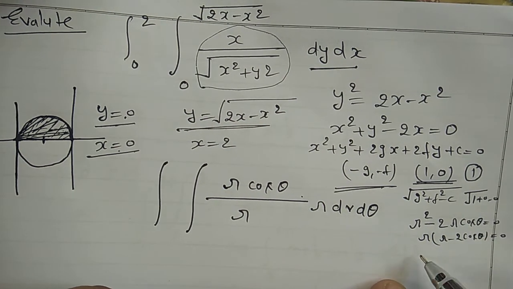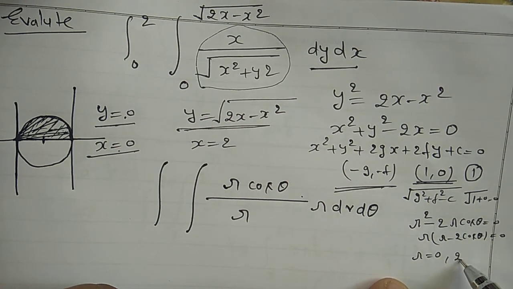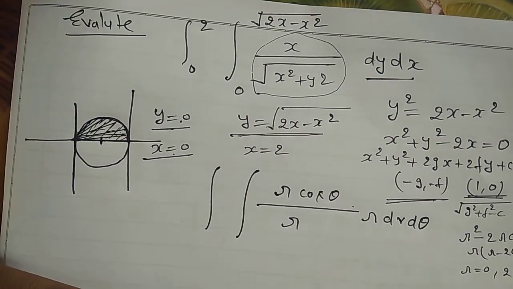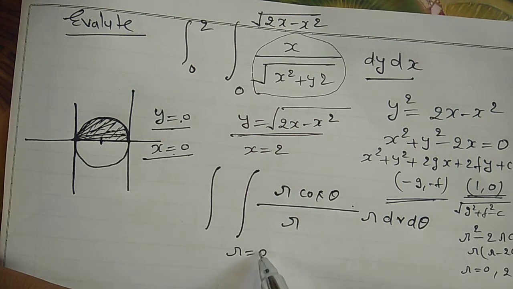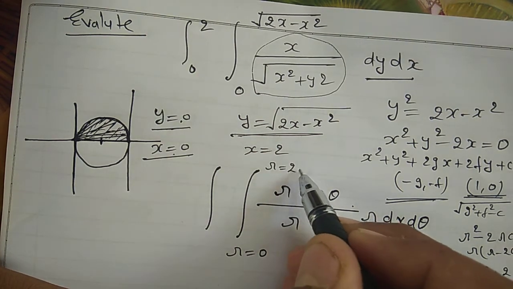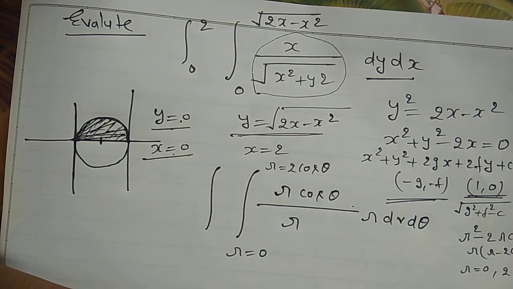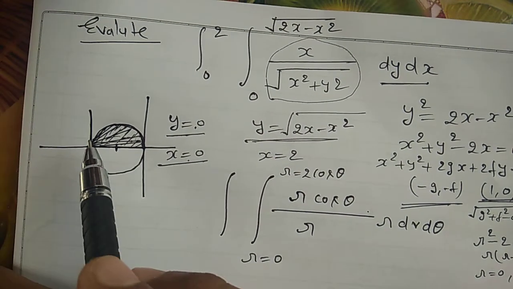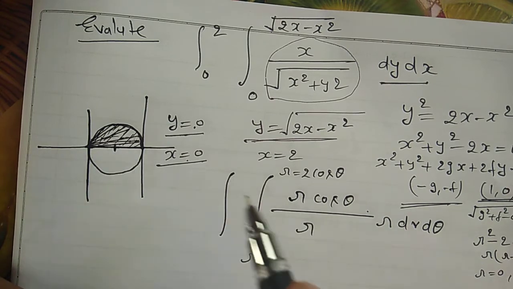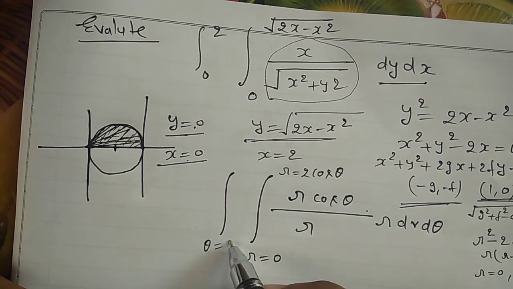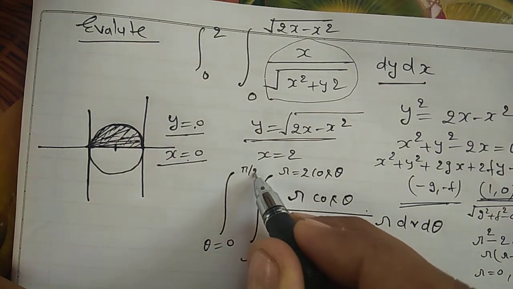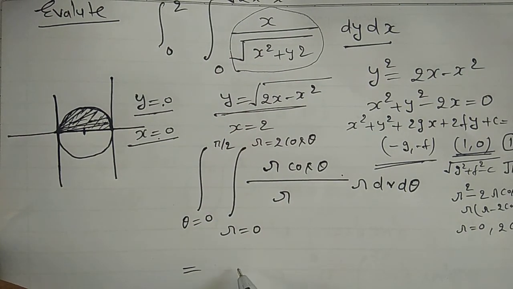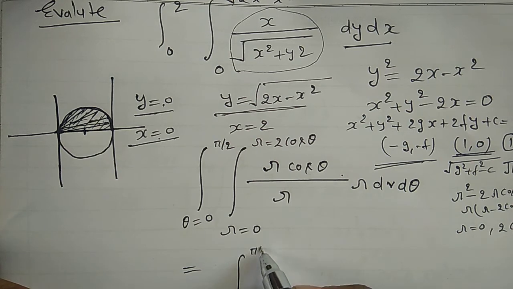So r varies from 0 to 2 cos theta, and the theta limit will be, since this curve is in the first quadrant, 0 to pi by 2.